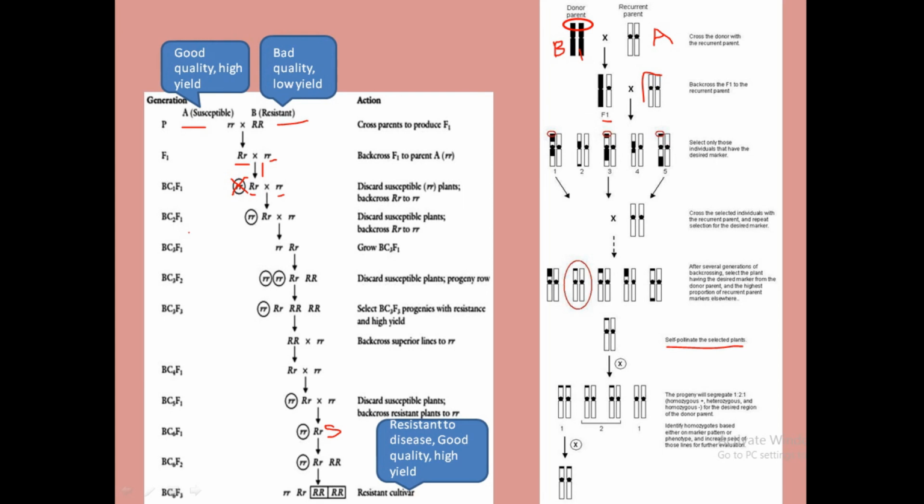After selfing we can get this kind of plant, meaning the plant that is having capital R in the chromosome.